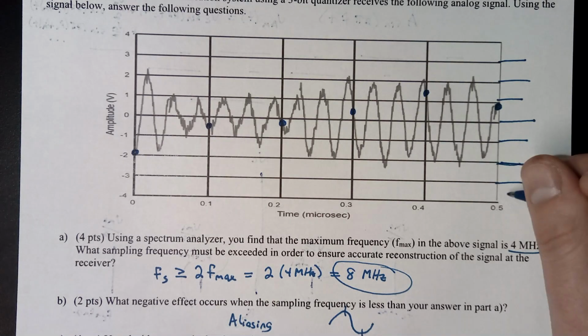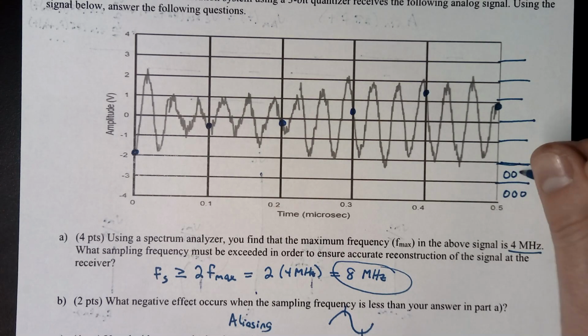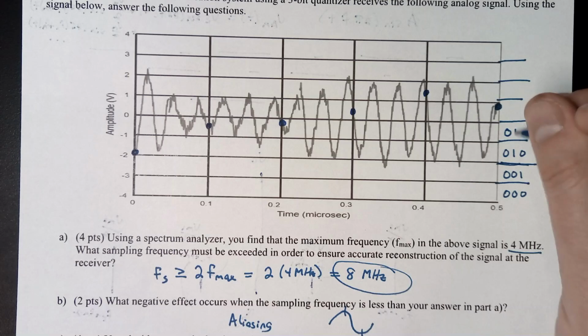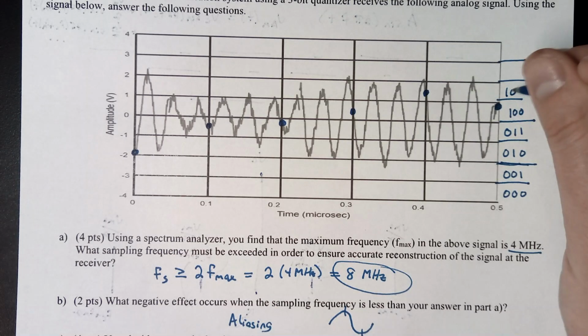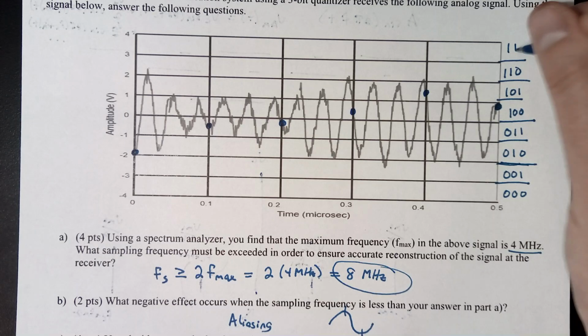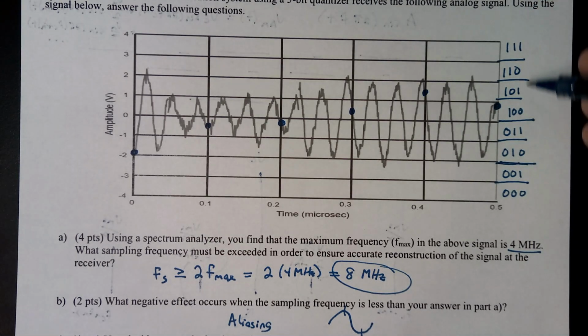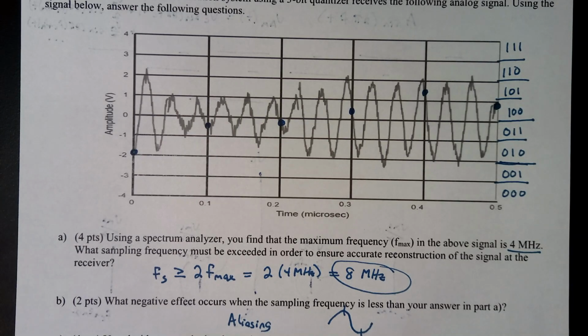And then that means we have 000, 001, 010, 011, 100, 101, 110, 111, right? All of the values in 3 bits from 0 to 7. And that's our 3-bit quantizer, meaning at each point we sample, we're going to output a value of 3 bits.